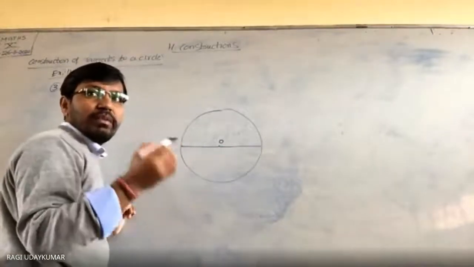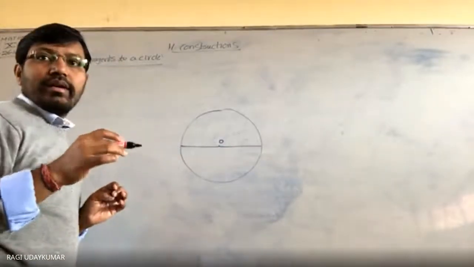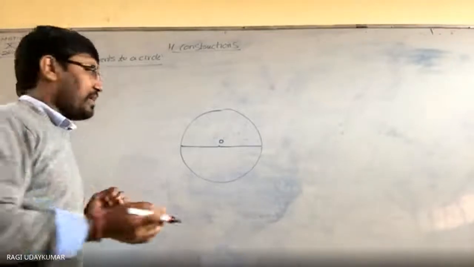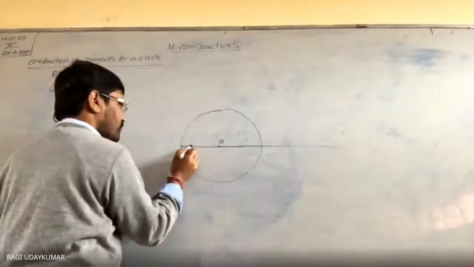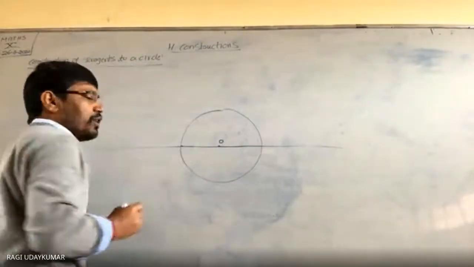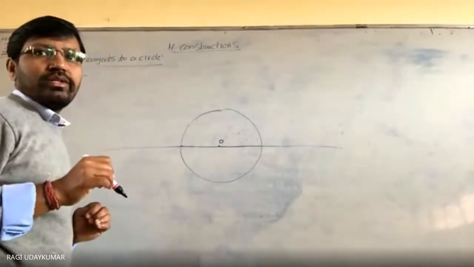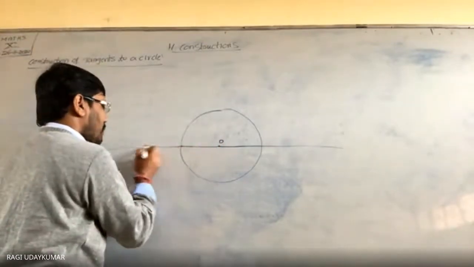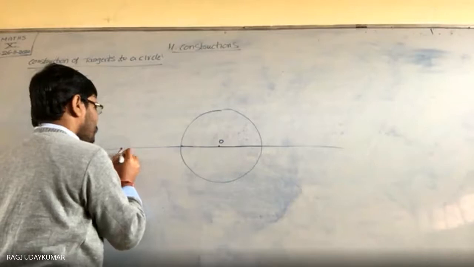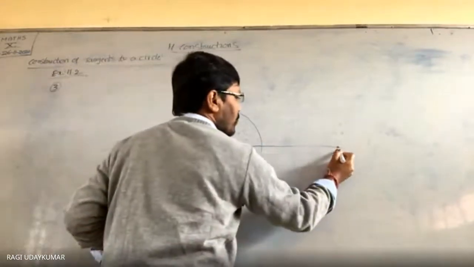2 points to be taken, P and Q, on the extended diameter. Diameter को extend करके P and Q हैं. How? That points 7 centimeters from the center. ये center से ये 3 है and P 4 centimeters. P here आएगा, approximately Q here आएगा.